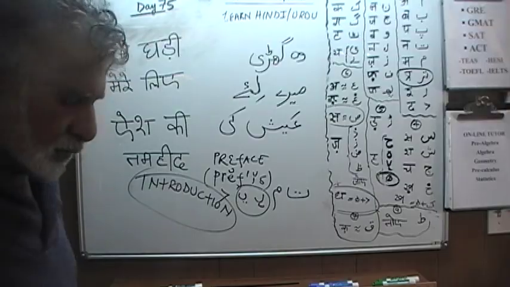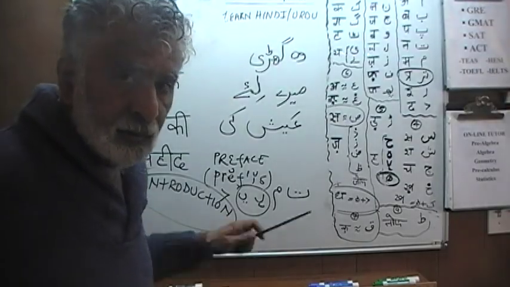When you pick up a new book, in the very beginning of the book, on the very first page, the author will tell you why he or she took the trouble of writing the bloody thing. He or she will tell you the reason why the book was written. That introduction to the book is called preface.